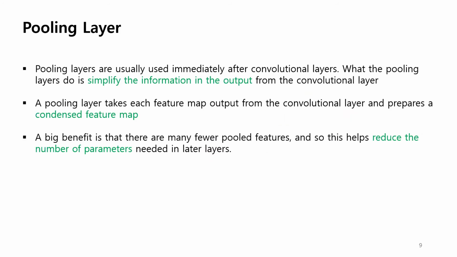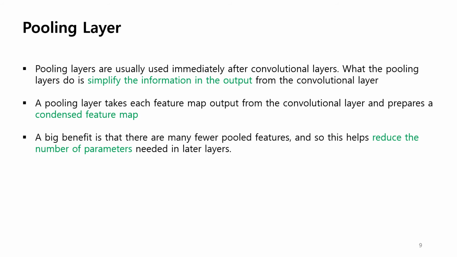So we have seen the convolution layer, and now we're going to see another layer in CNN called the pooling layer. If you recall, one of the advantages of using a convolution layer is that we can drastically reduce the number of parameters in the network by using weight sharing and sparse connectivity.